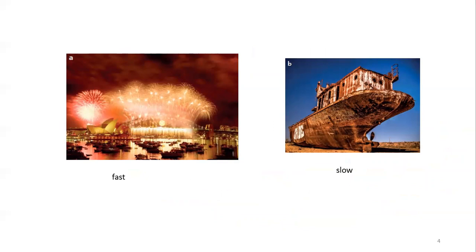The chemical reaction here must be very fast, fast to maintain a continuous view, with fire and lights and a lot of things like this. So it must go fast, one after another.